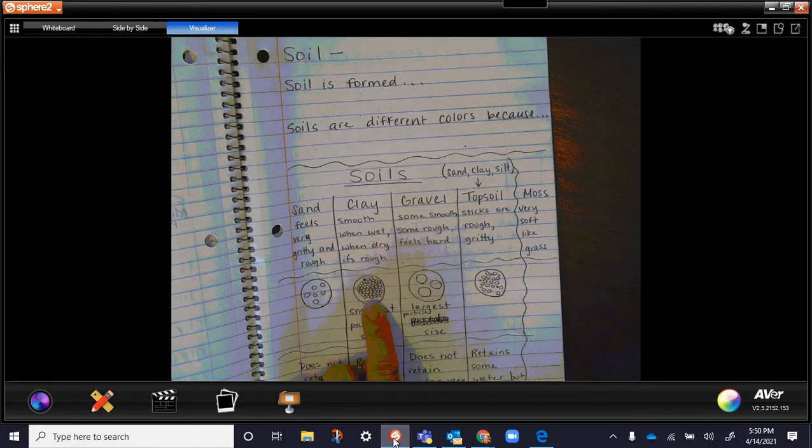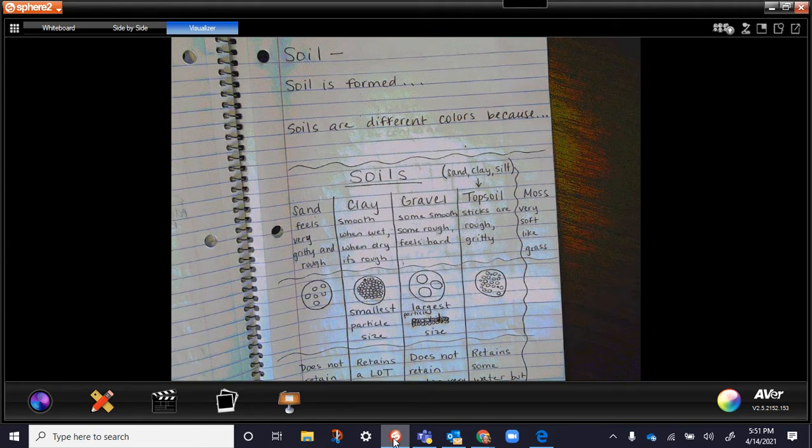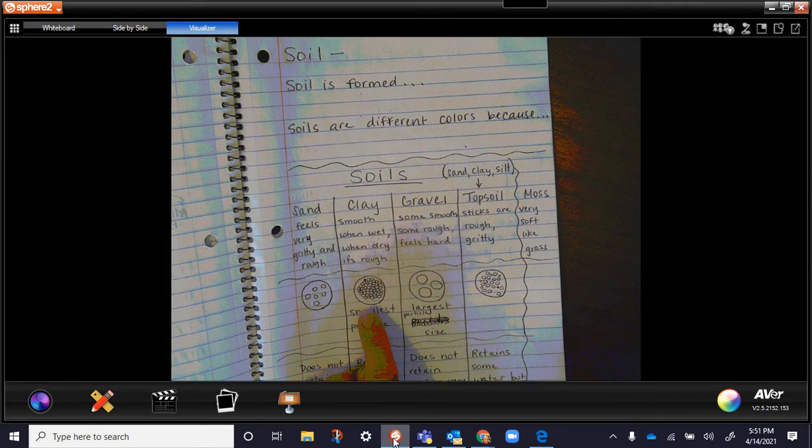When you've got really tight and small particles all close together, like in clay, it's very difficult for that water to go through because there are not a lot of gaps and cracks where the water can move through. Like we saw, it just puddled on top, and it was difficult for it to make its way down to the bottom of the container.